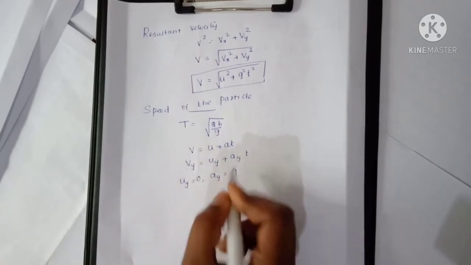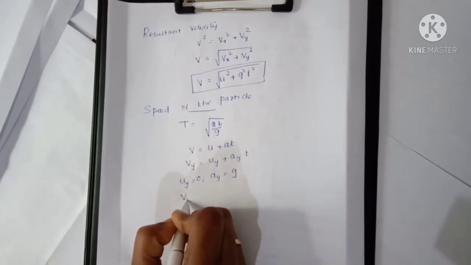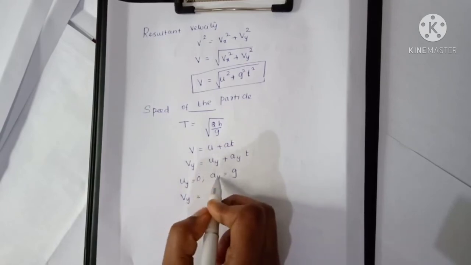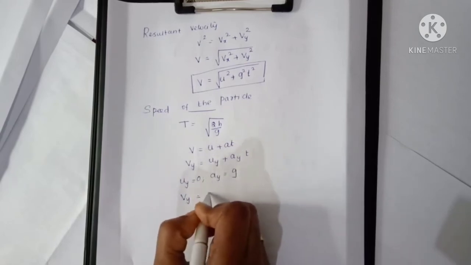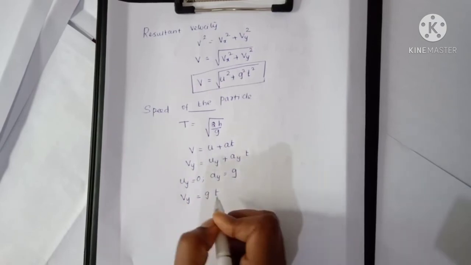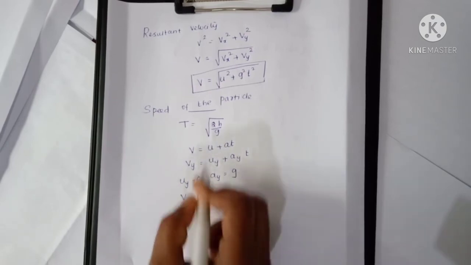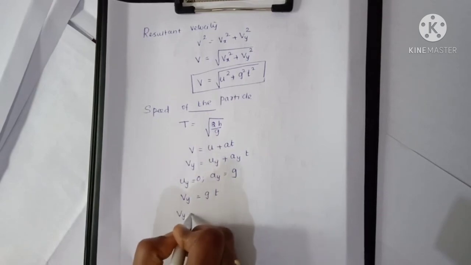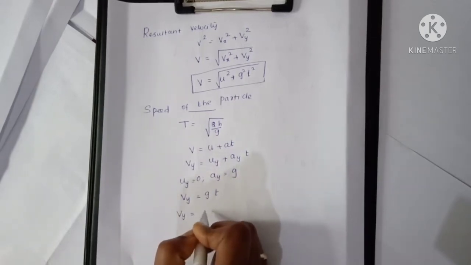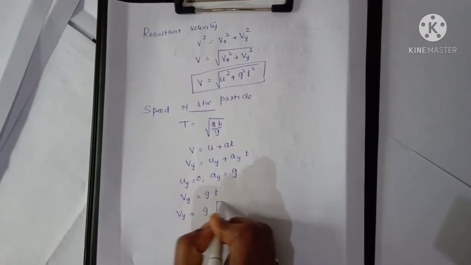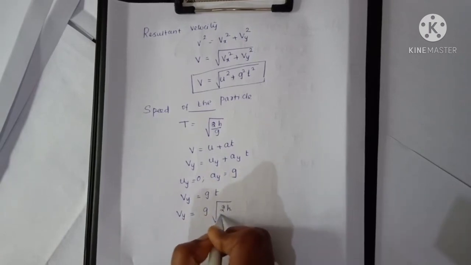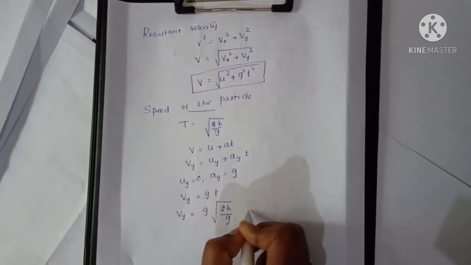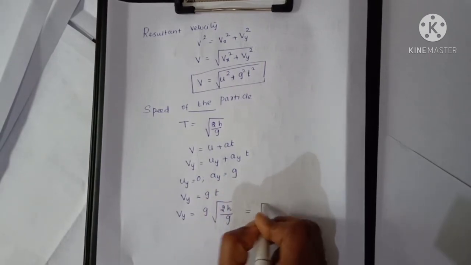Put these values in this equation, we will get vy is equal to 0 plus gt, right? So put the T value in this equation, we will get vy is equal to g times square root of 2h divided by g.